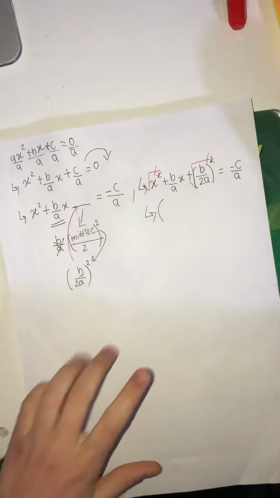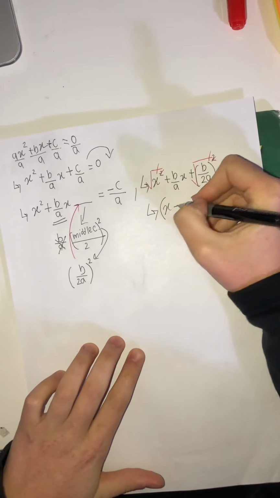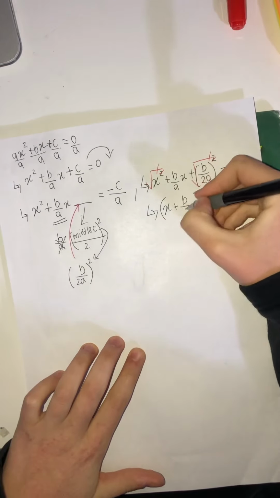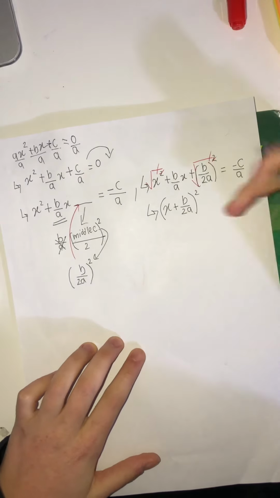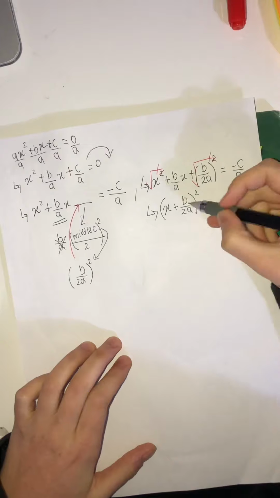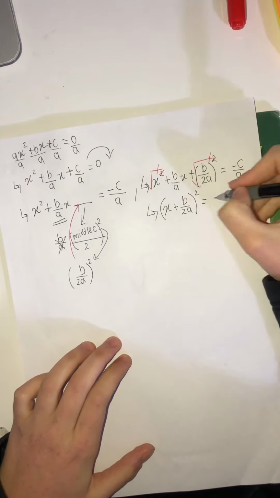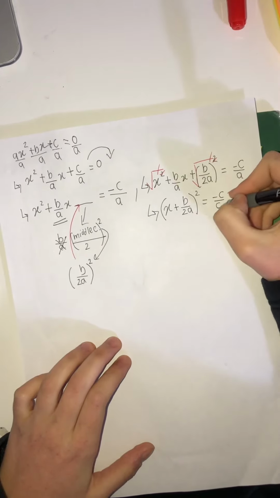So we're left with (x plus b over 2a)², and that's how you factor, equals negative c over a.